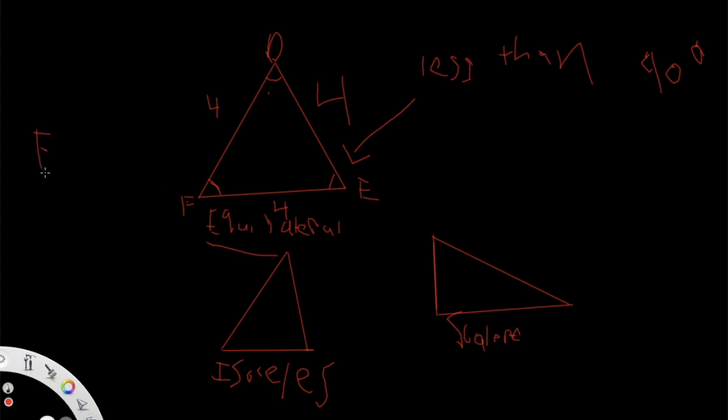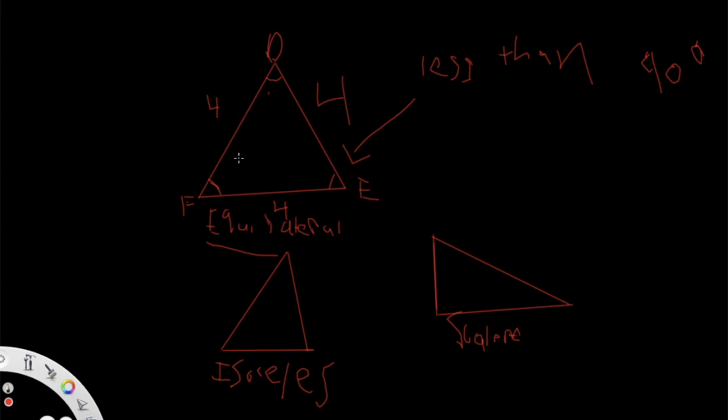Let me spell that one. Equilateral. I think that's how you spell it. Anyway, that's why it has the word equal in there, because all the sides and angles are equal.